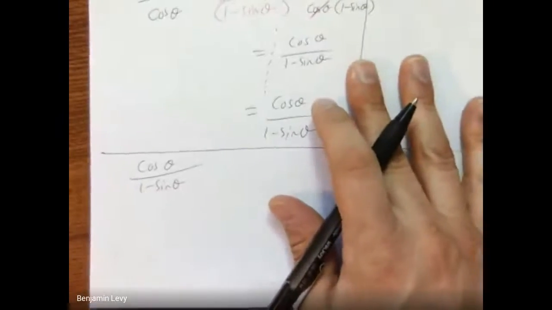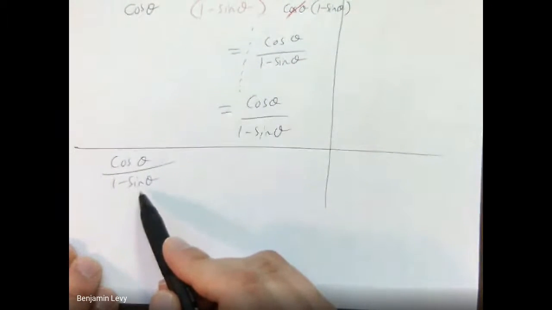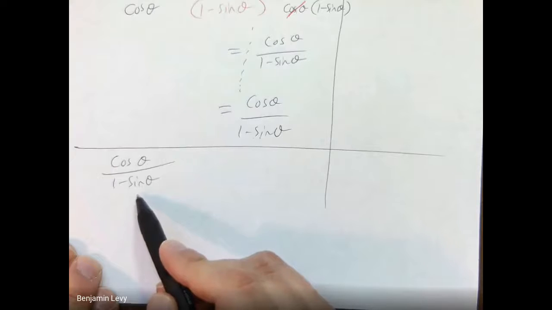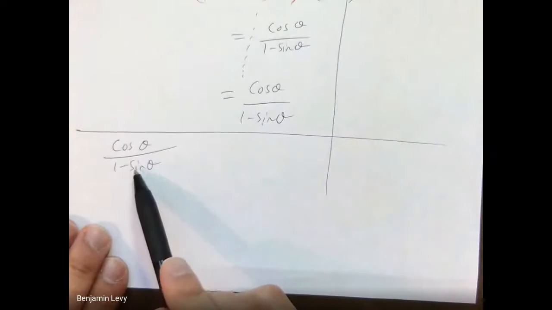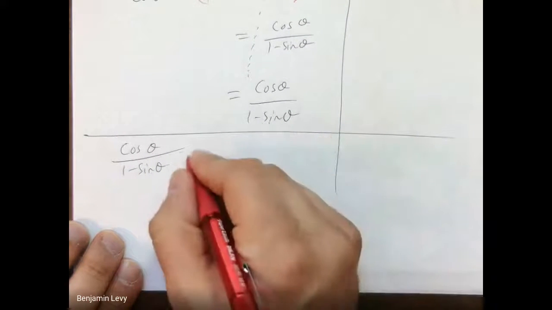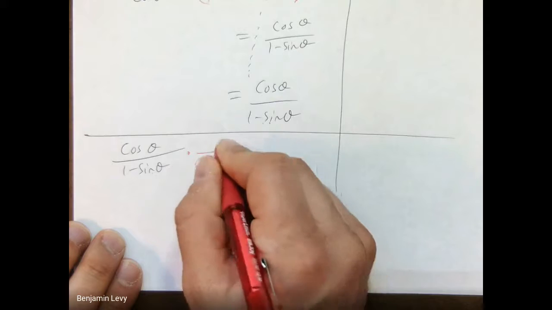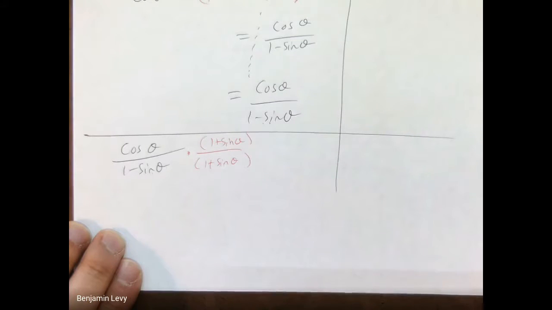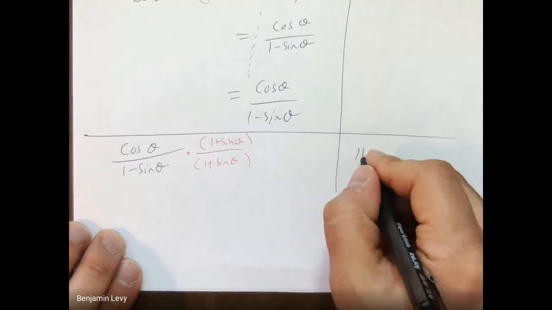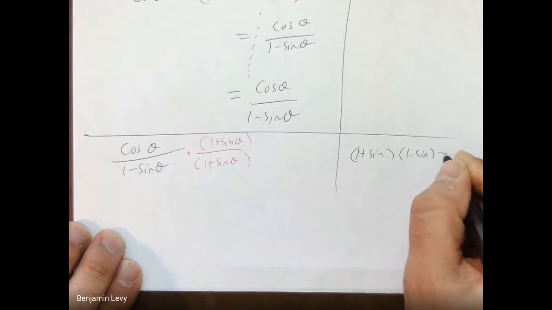If you want to start with this, everything's already sines and cosines, right? So literally the only thing we know how to do is multiply by the conjugate. And so instead of doing 1 minus sine, we multiply by 1 plus sine, for the same reason, because we know that 1 plus sine times 1 minus sine is going to end up being cosine squared.